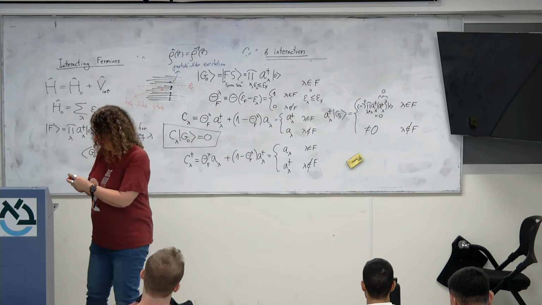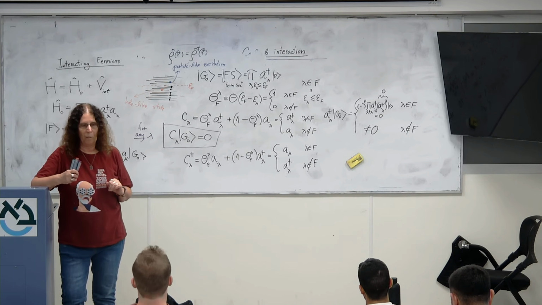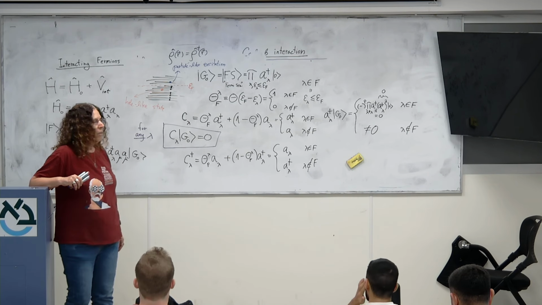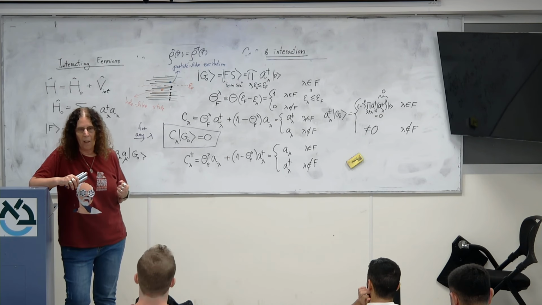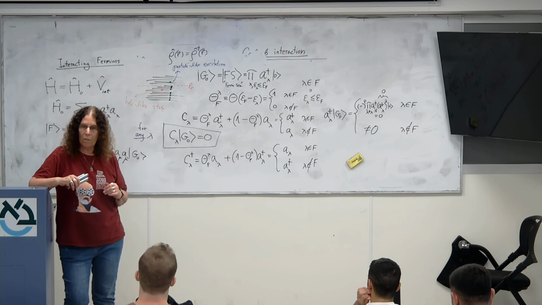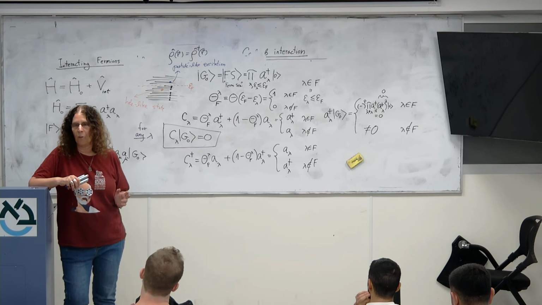Okay? So the particles that are created or annihilated are quasi-particles. Namely, they are not the original fermions, they are combinations of electrons and holes.